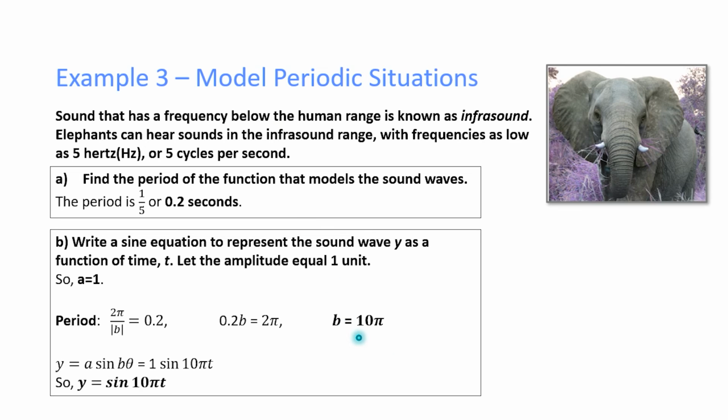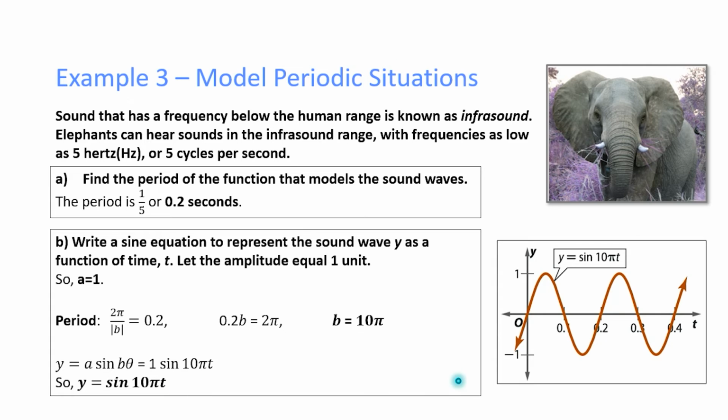Substituting this into the equation, y equals a sine b theta equals sine 10 pi times t, which will give us this graph of the function to the right here, sine starting at 0, going up to +1, -1, and having a period of 0.2 seconds and 0.4 and so on.